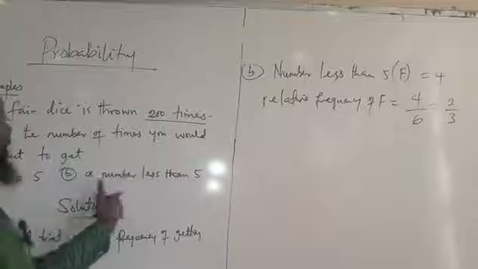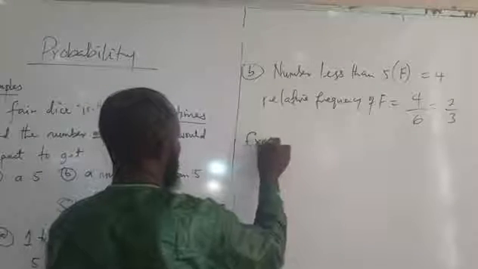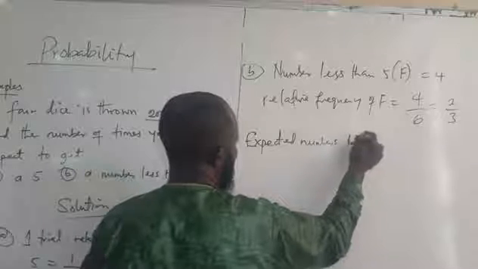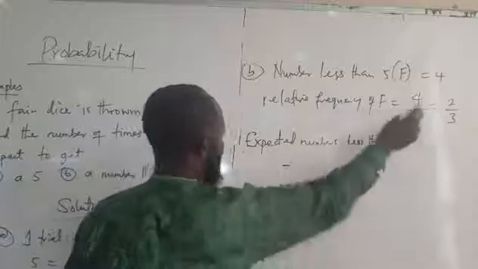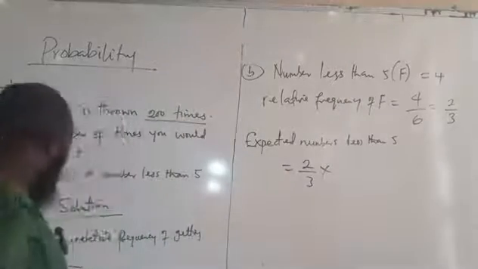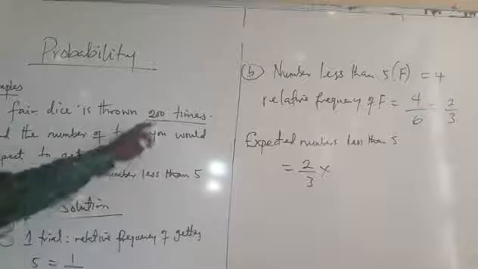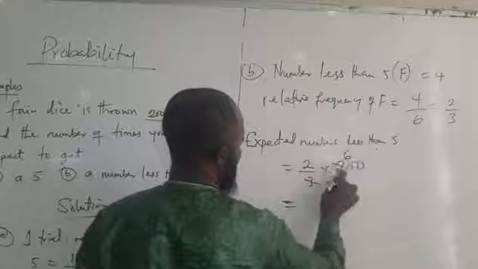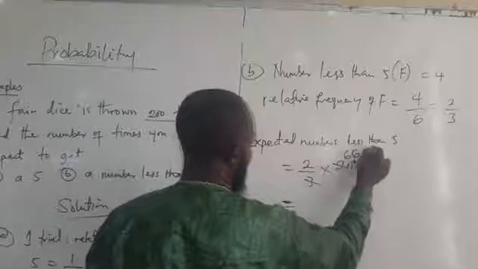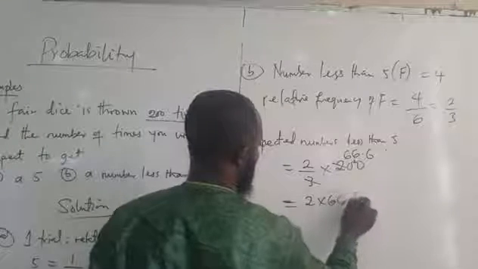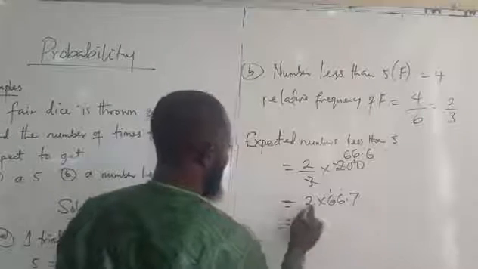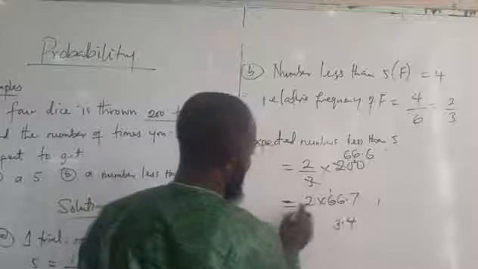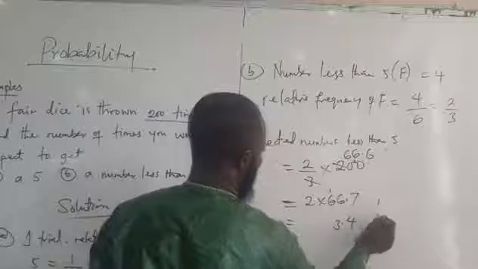So the expected number less than 5 will be the relative frequency, 2 divided by 3, multiplied by 200. So 2 times 66.7: 2 times 7 is 14, carry 1; 2 times 6 is 12, plus 1 is 13, carry 1; 2 times 6 again is 12, plus 1 is 13.